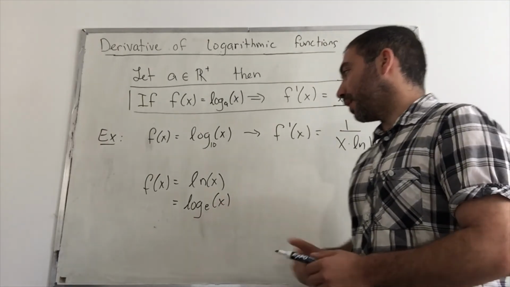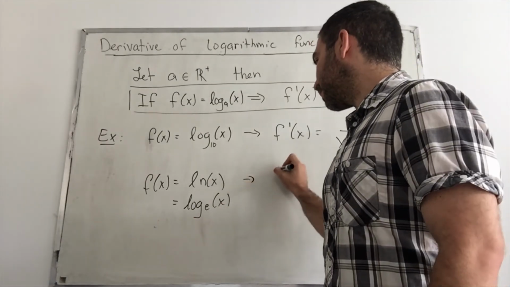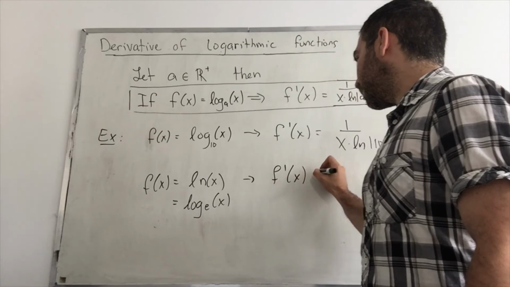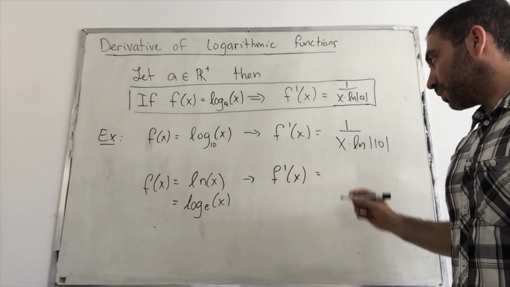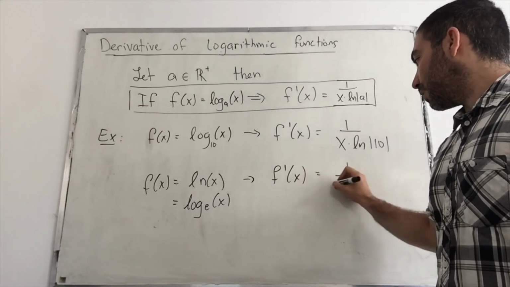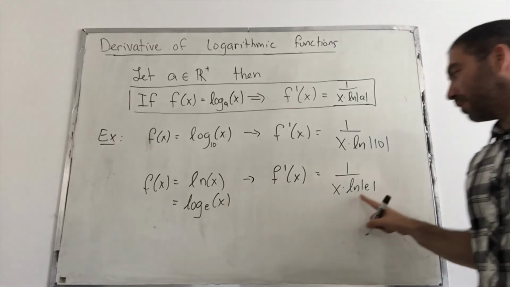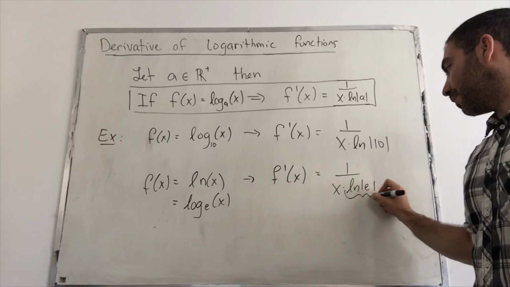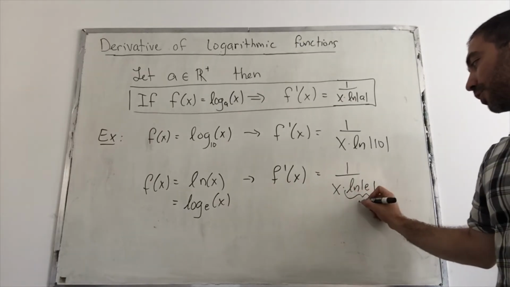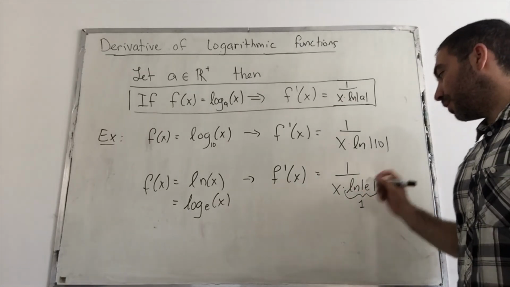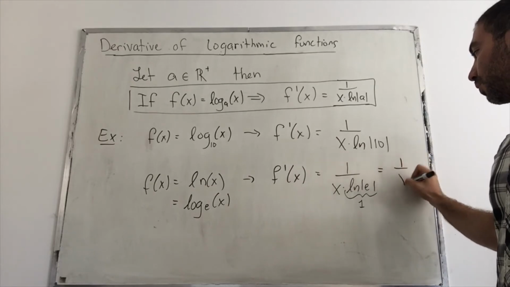So if we're looking for the derivative, f prime of x equals 1 over x times ln, and the base is e. And we saw earlier that ln of e is just 1. That's one of our log properties. So this is equal to 1 over x.